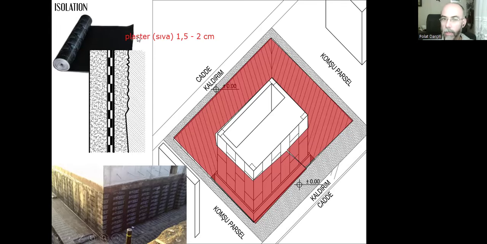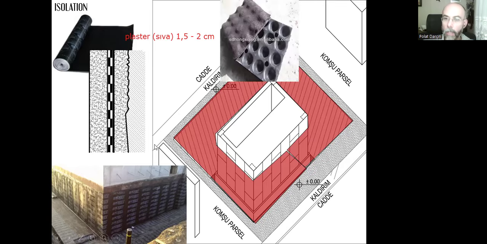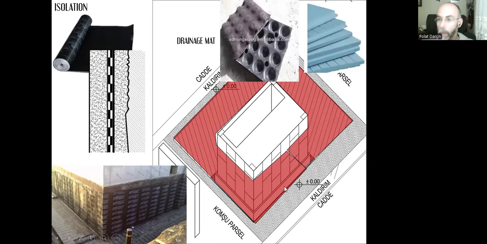Either we can use the same plaster to protect the bitumen membranes, or we can use this drainage mat. It's a hard plastic substance to direct the water towards a certain direction. Or we can use our XPS boards to protect the membrane and to provide the heat insulation.